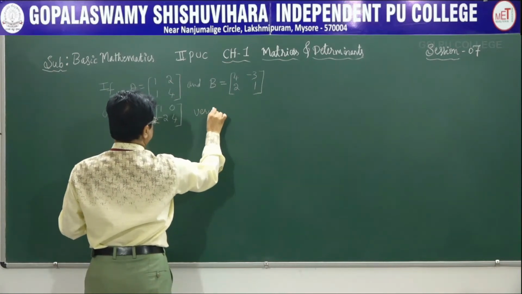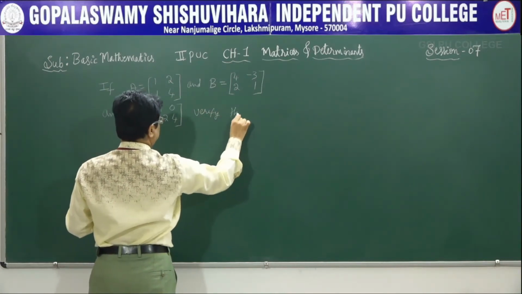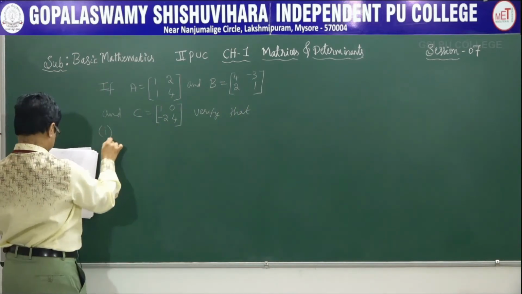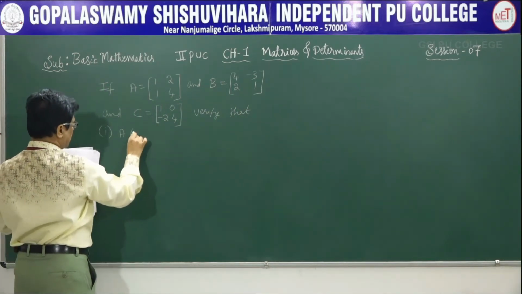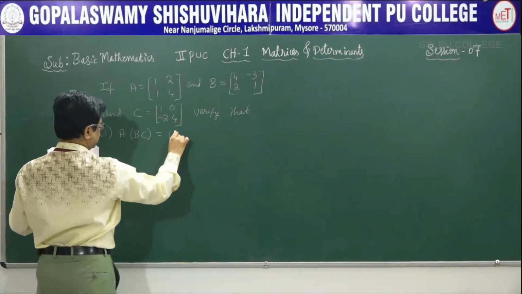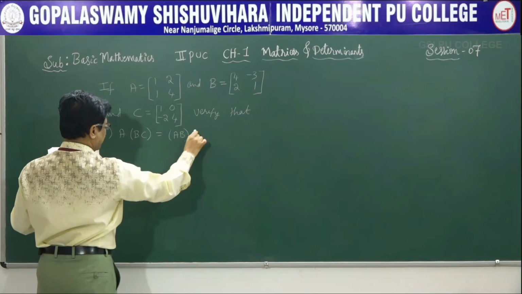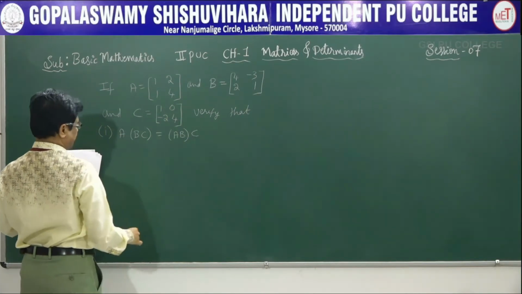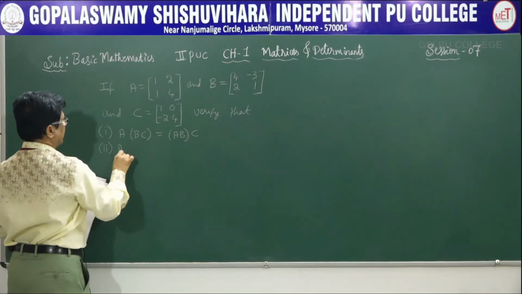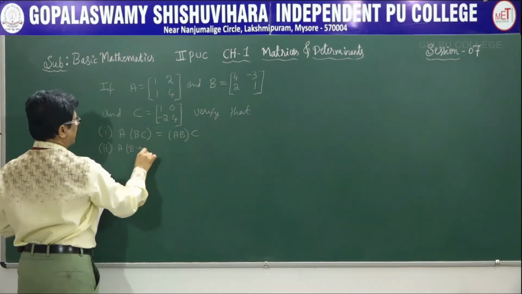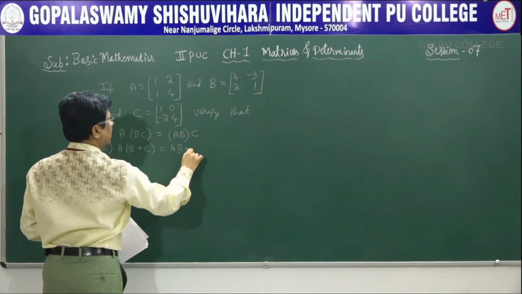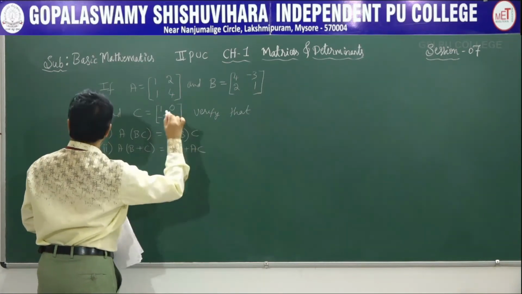Verify that number 1, A into BC will be equal to AB into C. Second one, A into B plus C will be equal to AB plus AC.